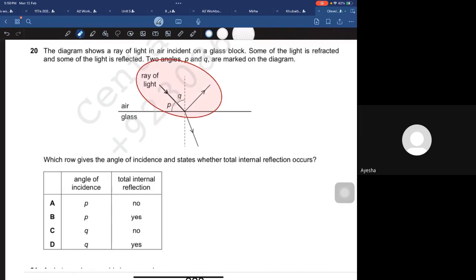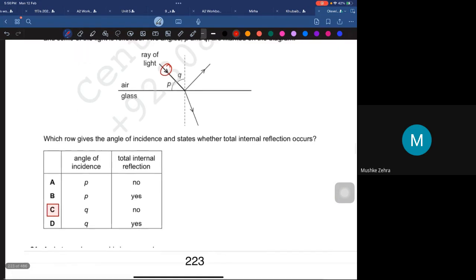You know why? Because I just told you total internal reflection can only take place when the ray of light is moving from a more dense to a less dense medium. This one is going from air to glass, where air is less dense and glass is more. So that is why total internal reflection is not taking place. That is normal reflection. Is that clear, Mush? Yes, understood. My bad.